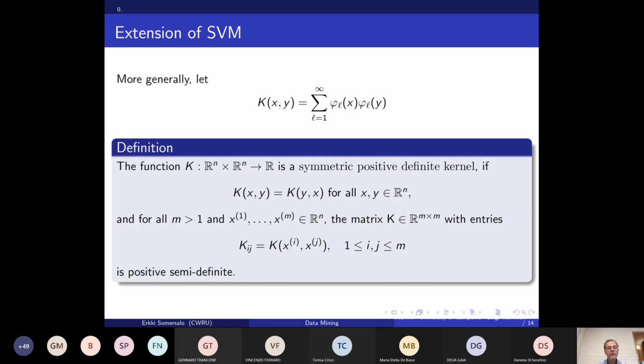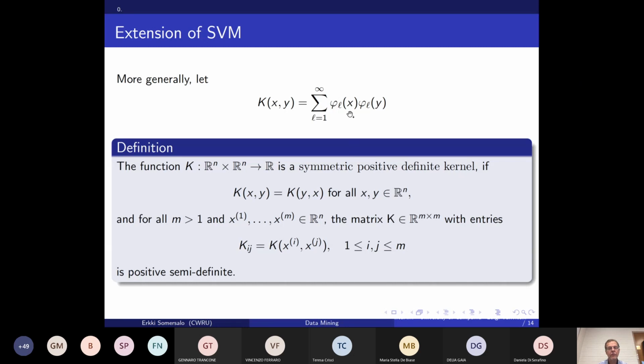Okay, so if I have a function k(x,y) of this form, where L runs from 1 to infinity, you have feature functions phi L, and you form your kernel function using this symmetric product, the sum of the products here, then you get a positive definite kernel.